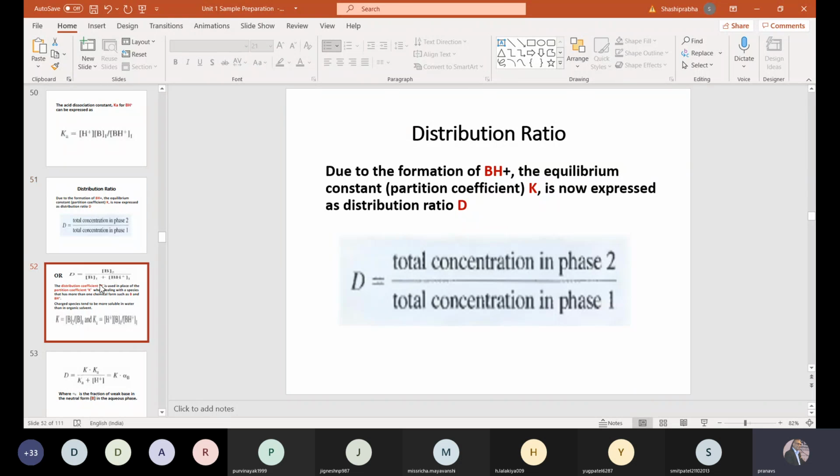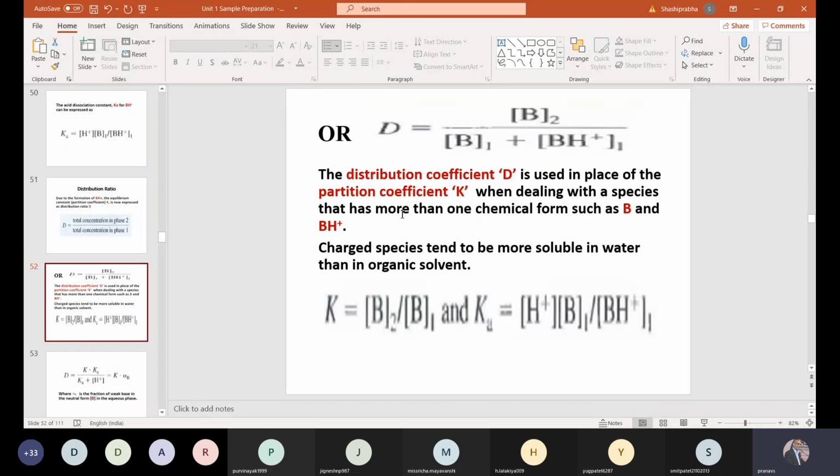Based on which, the distribution ratio D can be expressed for a base as the base present in the organic solvent, B, over the base present in the aqueous phase, plus some of the ionized or protonated base which would also be present in the aqueous phase. Since it is a charged species, it has to be in the aqueous phase.